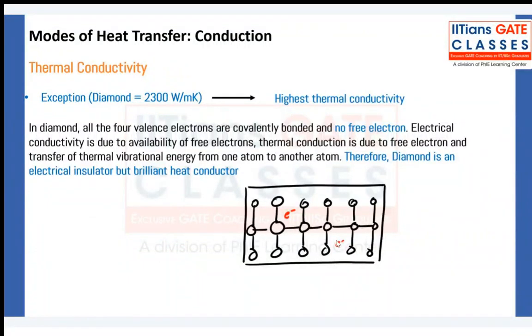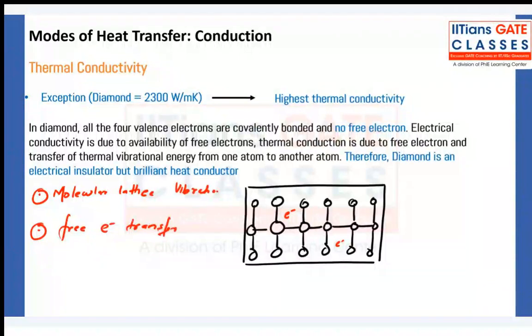Now we all know that in solids, heat transfer takes place because of molecular lattice vibration and free electron transfer. Because of free electrons in diamond, there is negligible heat transfer.